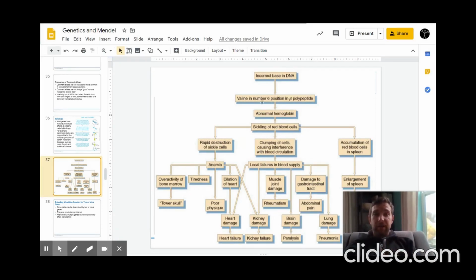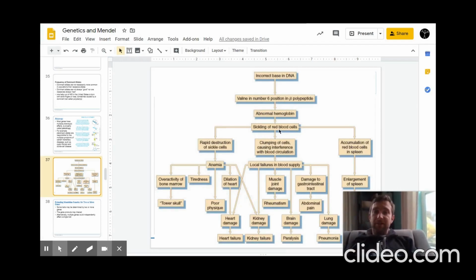It changes hemoglobin's shape, and after changing hemoglobin's shape, it produces a broad number of phenotypic outcomes. In the case of sickle cell anemia, it all relates back to the function of those red blood cells, and when they change shape, instead of a nice donut shape, they get changed into a crescent shape, or more of a sickle.